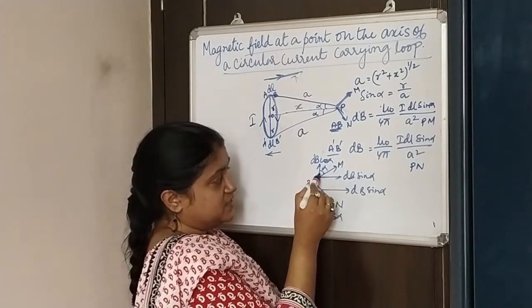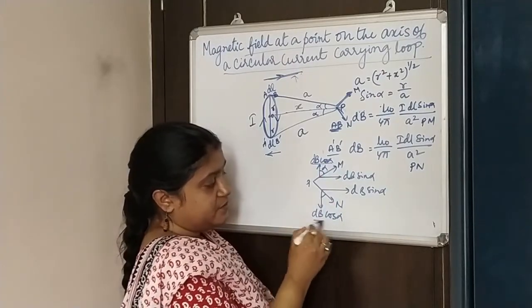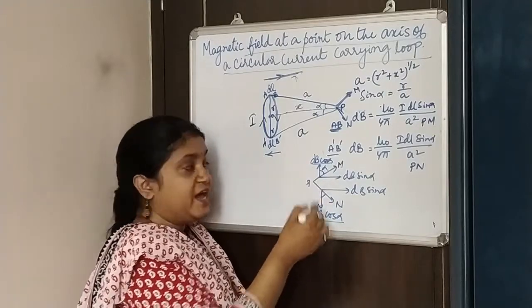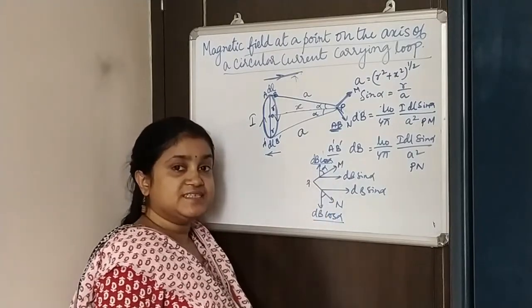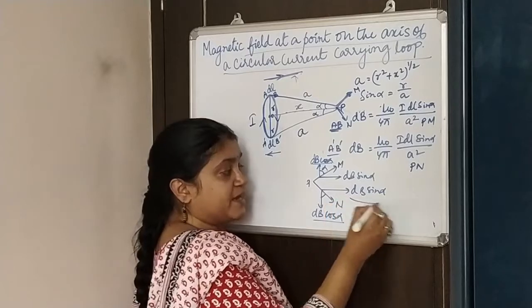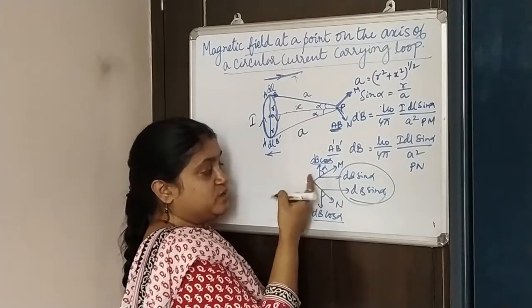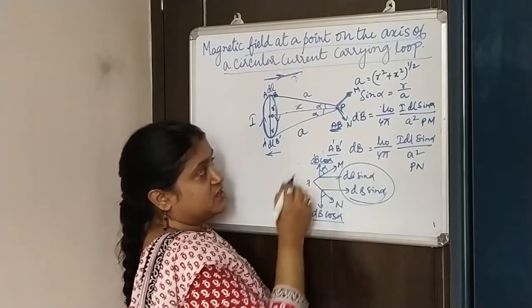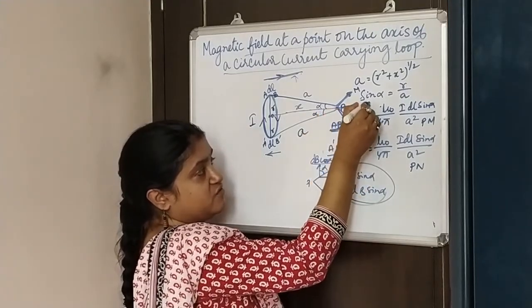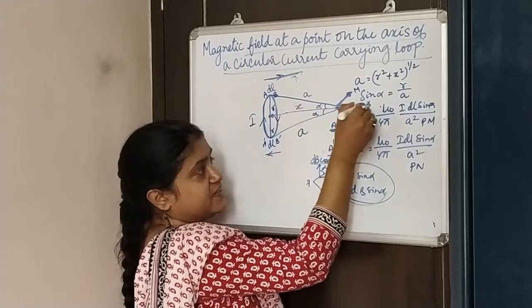Now you see these two, dB cos alpha and dB cos alpha, are equal and in opposite directions, so they cancel each other, and the net magnetic field will be dB sin alpha twice, which will be in this particular direction, say the direction of Px. This is the same x direction.